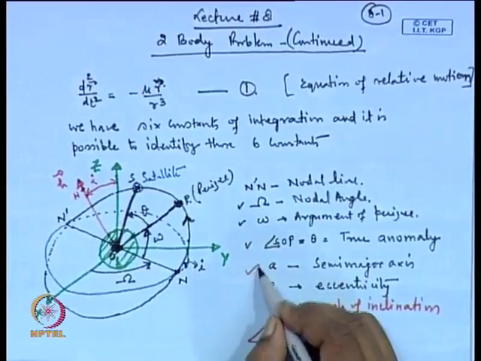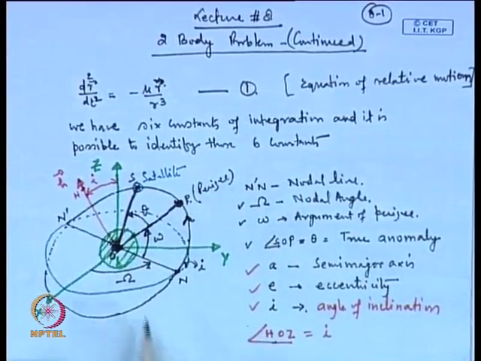So, a total of 6 parameters we have been able to point out here. An orbit can be characterized by these 6 parameters. Before we go into the main objective of the two body problem, which will be to find out in which orbit the satellite is moving, at what time, where it will be, our ultimate objective will be to resolve these problems in this two body system problem.